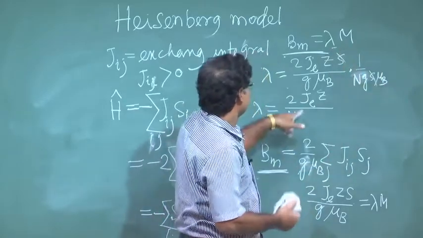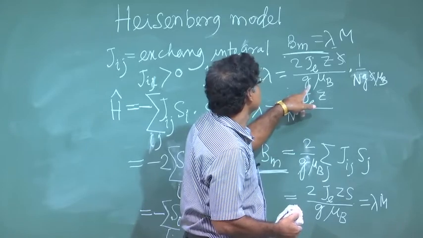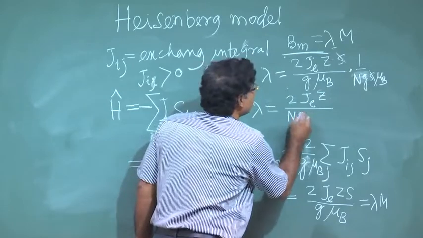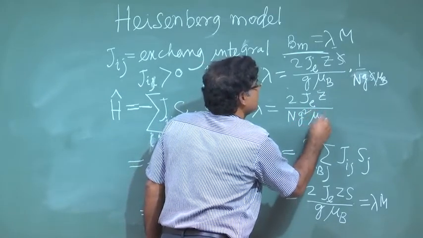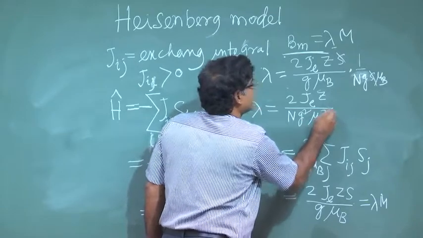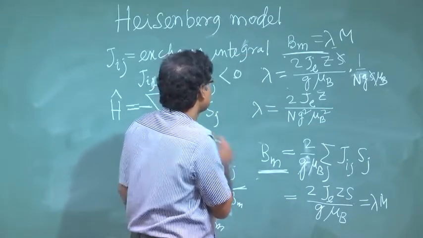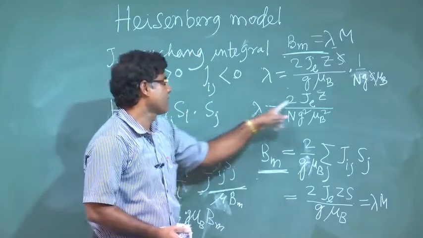N I am getting g square mu B square, g square mu B square. So, here this is the relation between this lambda and J.